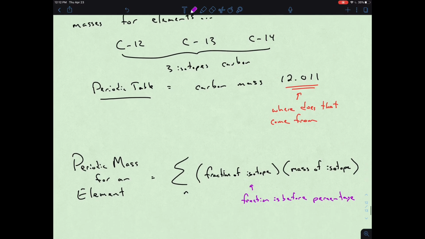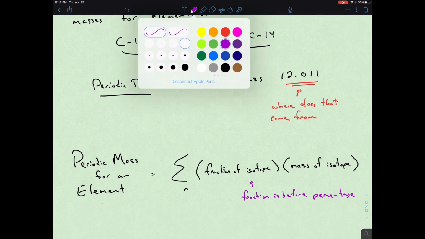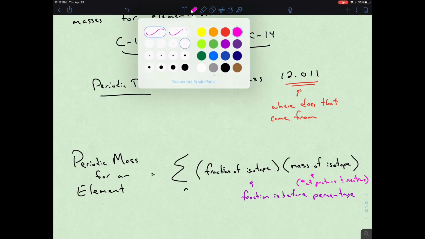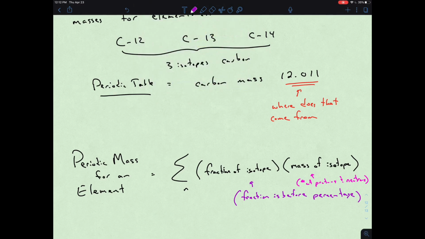And then we're just multiplying it by the mass of the isotope, as far as the number of our protons and neutrons is concerned.